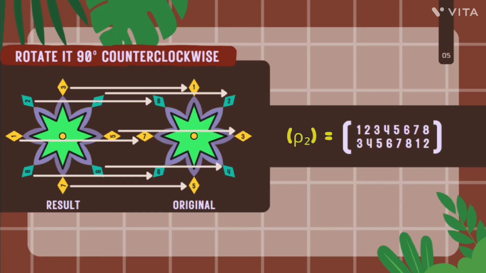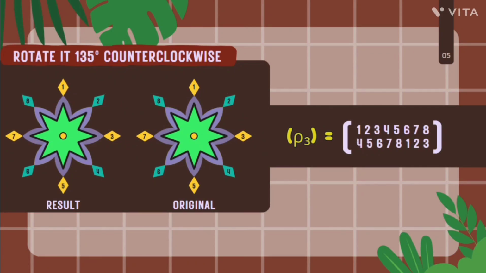This is the result. Next, in rho sub 3, the movement is to rotate the model 135 degrees counterclockwise. So let's rotate it. As you can see, the 4 is now at the top after we rotated our model 135 degrees counterclockwise.